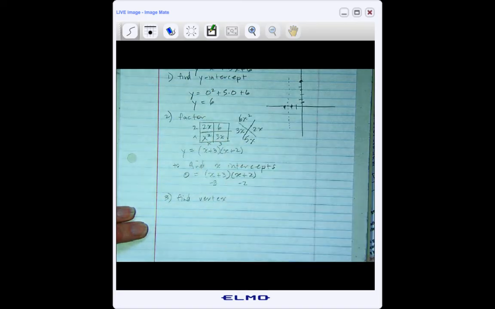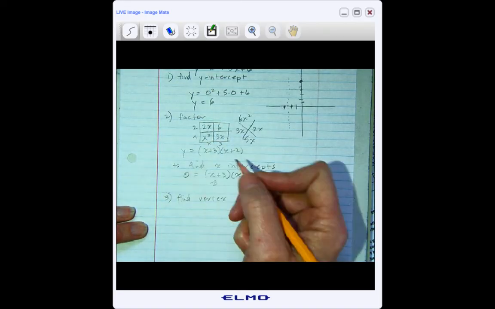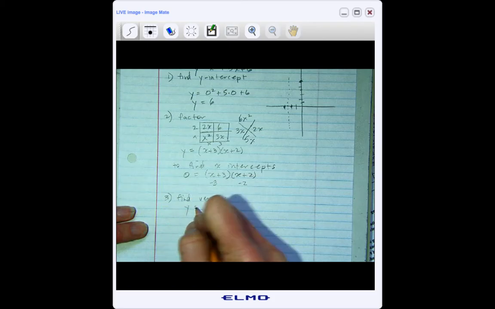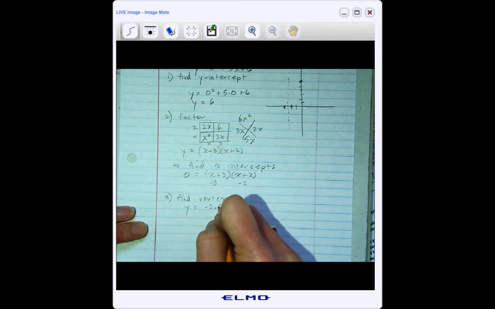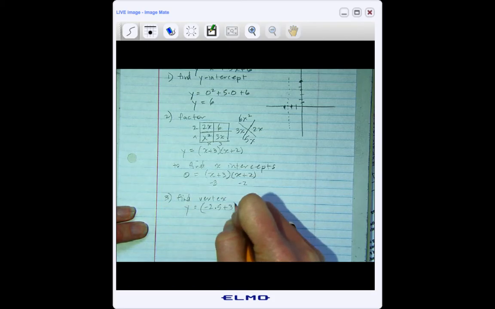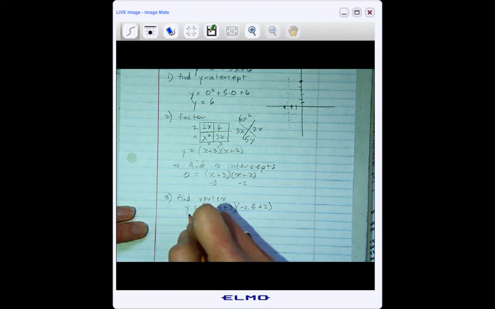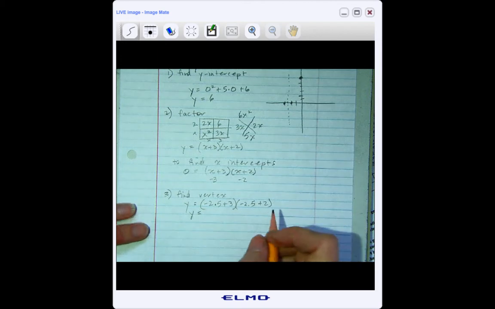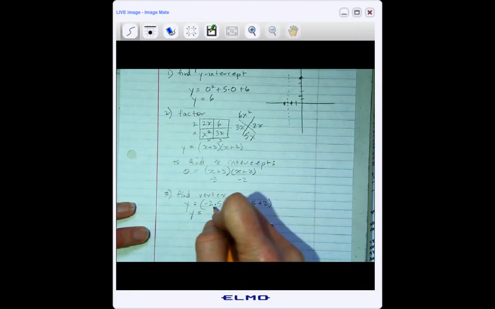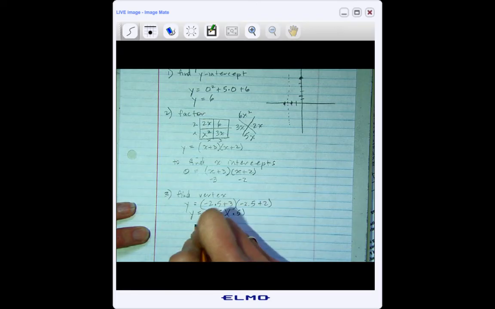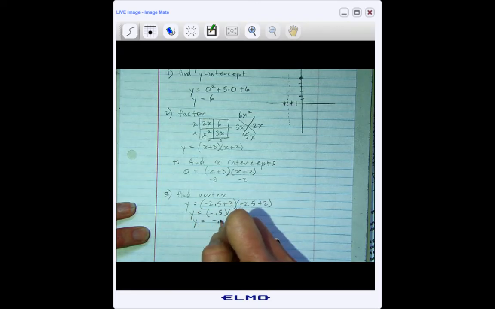And I can do it in either form. Okay, so I think I'm going to use this one. So y is equal to negative 2.5 plus 3 times negative 2.5 plus 2. So I'm going to get y is equal to 0.5 times negative 0.5, so y is equal to negative 0.25.